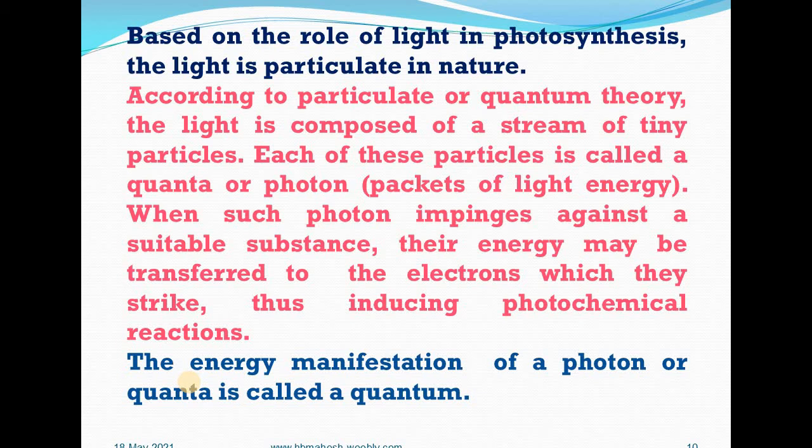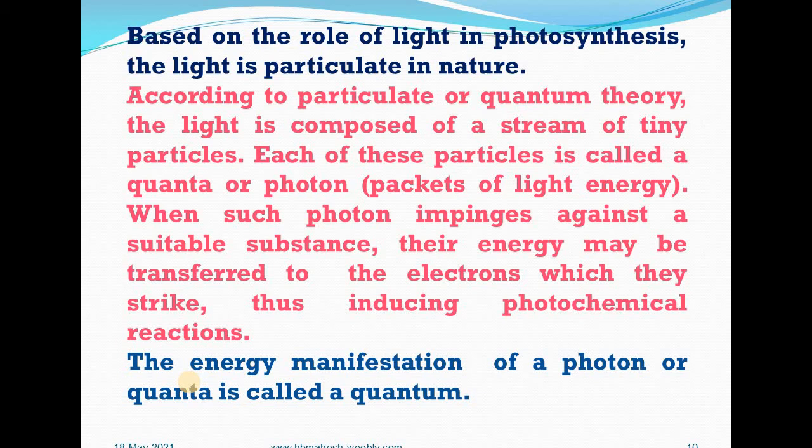When such a quanta or photon impinges against a suitable substance, its energy may be transferred to the electrons which it strikes, thus inducing a photochemical reaction. See, when a photon impinges against a suitable substance, that means photosynthetic pigments.